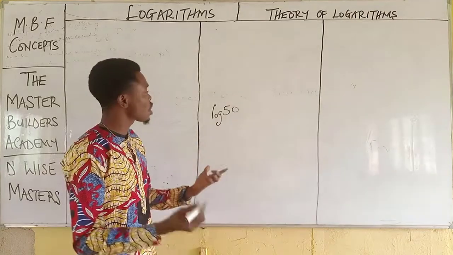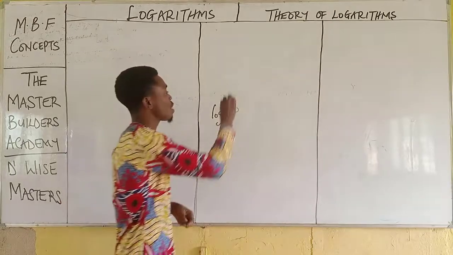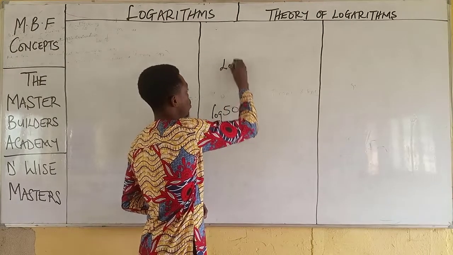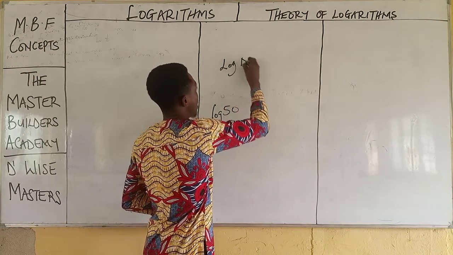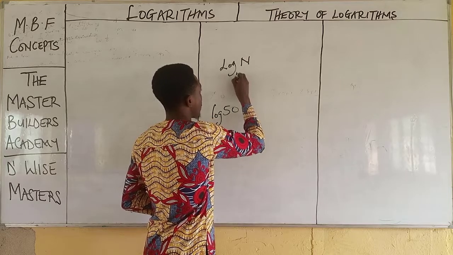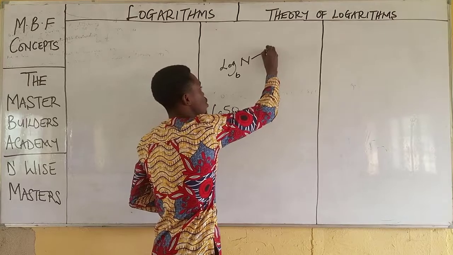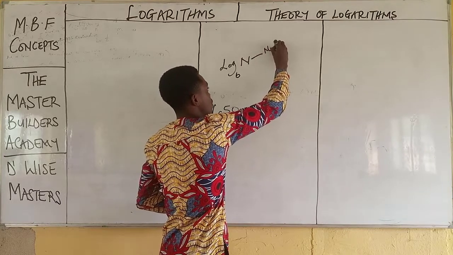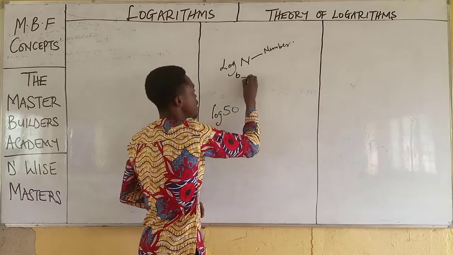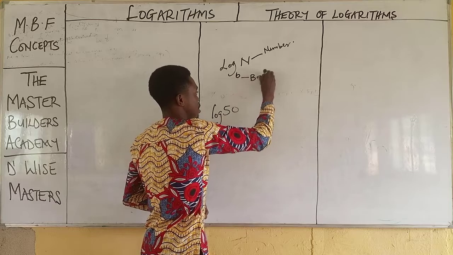So the general notation for a logarithm is actually given as log n base b. This is the logarithm of the number. This is the base.